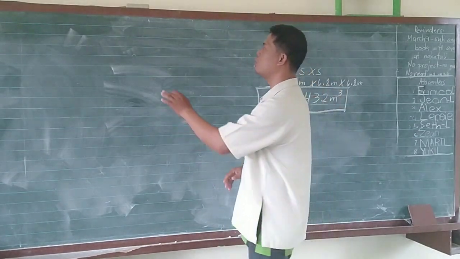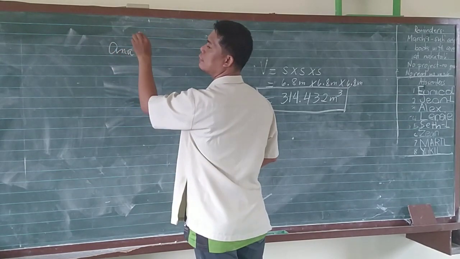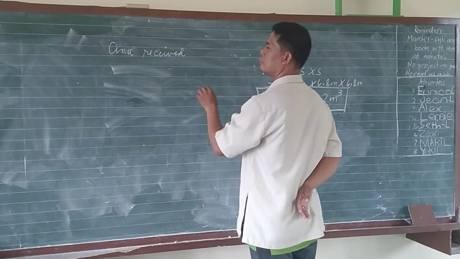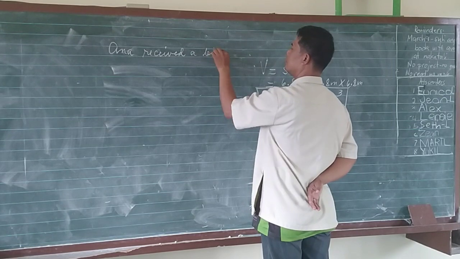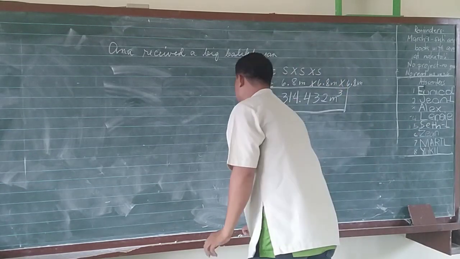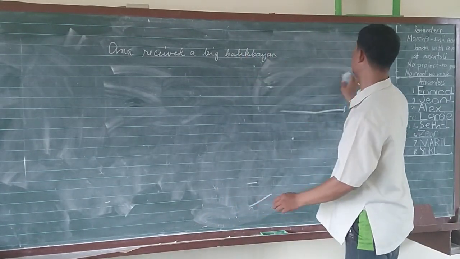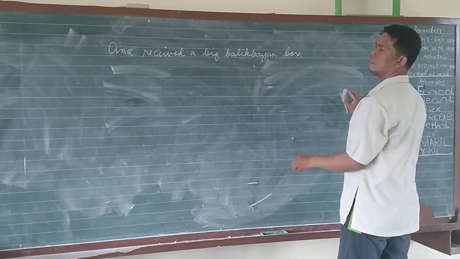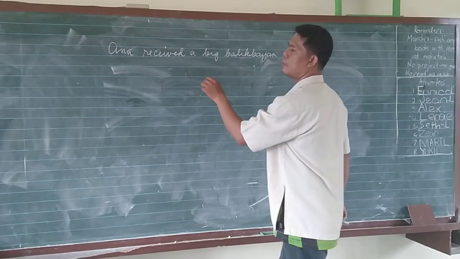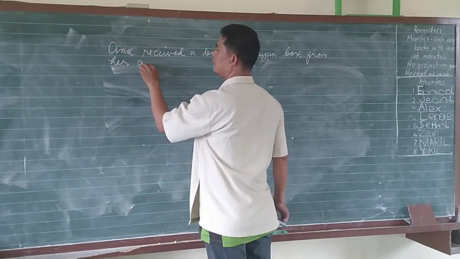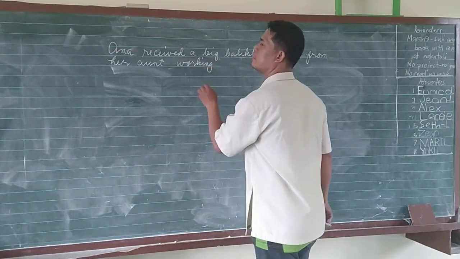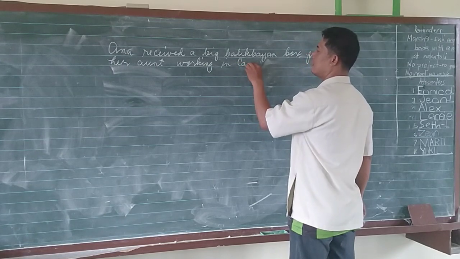So you can say in your answer, Ara received a big balikbayan box from her aunt working in Canada.